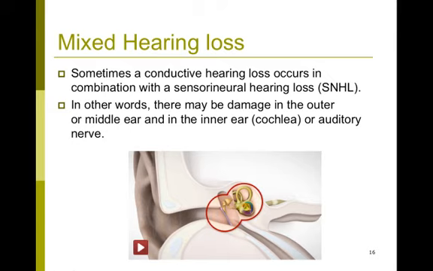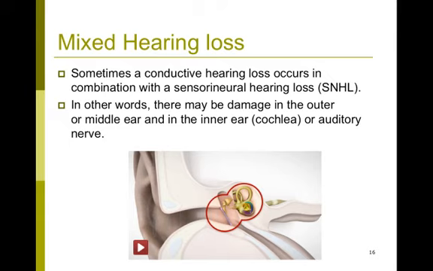Okay. Some examples of a mixed hearing loss could be chronic middle ear infections that have been untreated for a long time, resulting in affecting the inner ear. So when you test them, you'll see that this person has a hearing loss in air conduction, but you'd see that he also has a hearing loss in bone conduction, but not as much as the hearing loss in the air conduction.